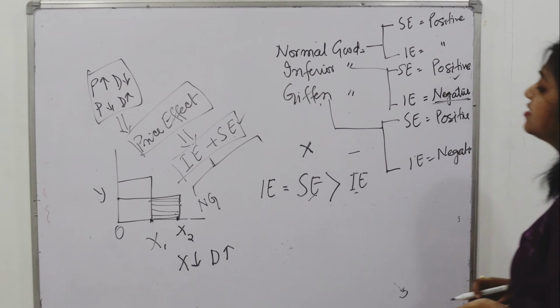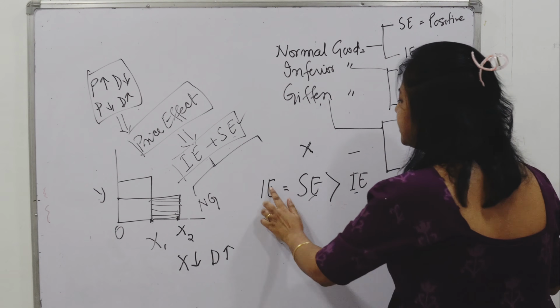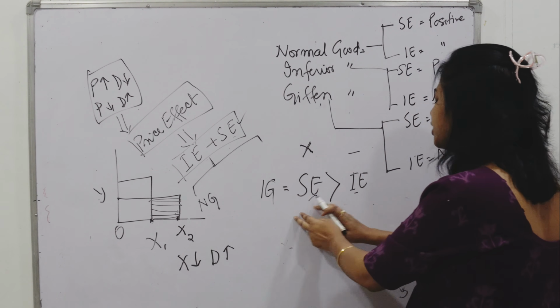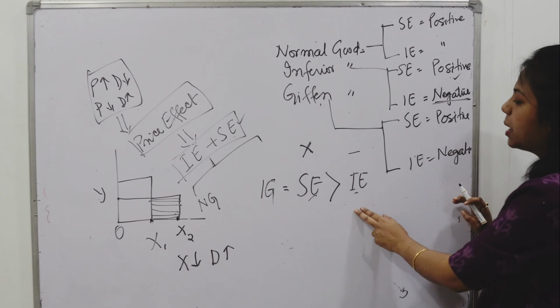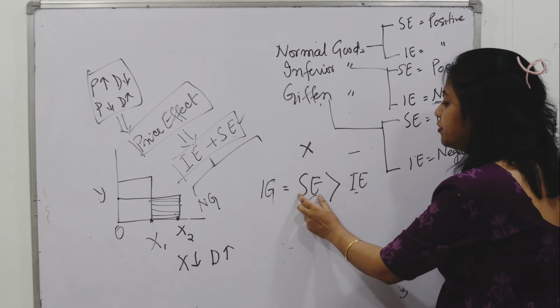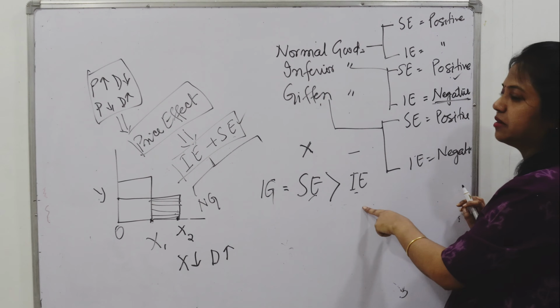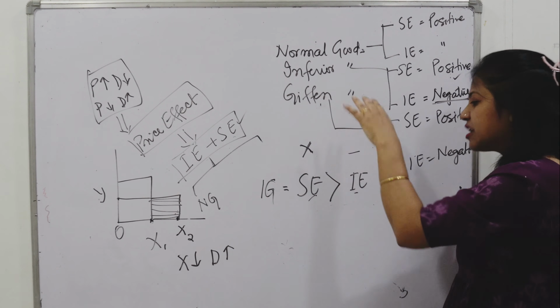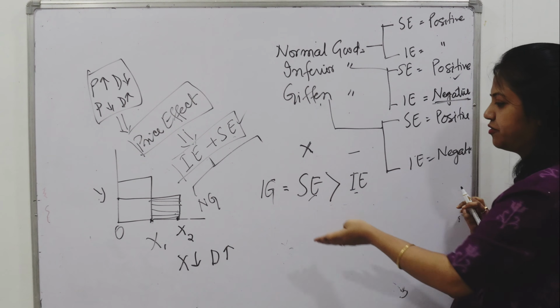Now the question is, in case of inferior goods, your substitution effect is also there, income effect is also there. But the substitution effect is stronger than the income effect. Your income effect gets suppressed by the substitution effect.